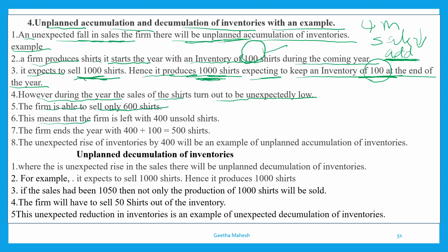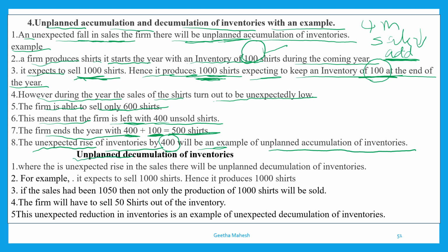This means that the firm is left with 400 unsold shirts. Then these will be sent to inventory at the end of the year. 400 plus the 100 which was already maintained, totally it will end with 500 shirts. An unexpected rise in the inventory by 400 shirts is an example of unplanned accumulation of inventory.